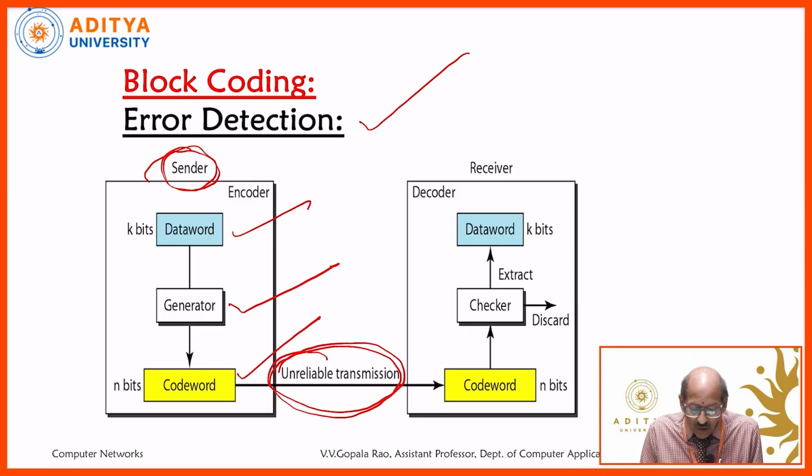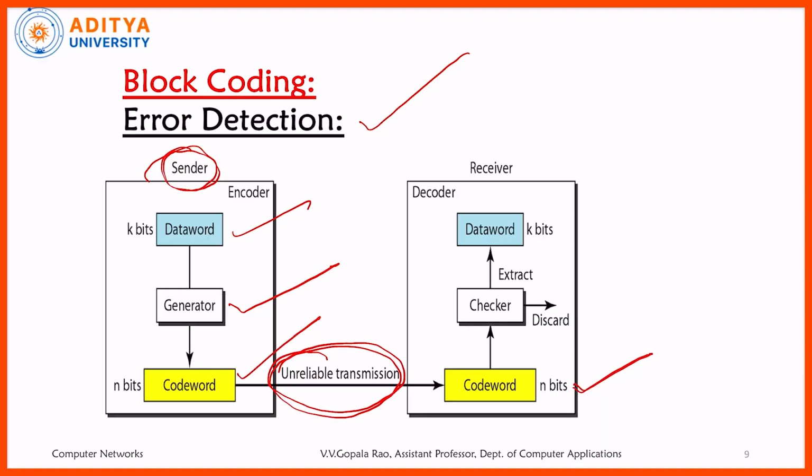The code word is received by the receiver with n number of bits. Why is it called n number of bits? This n is nothing but k plus r. What is k? K is the number of bits in the data word, and r is the number of bits generated by the generator that are added to the data bits. So that is the actual code word comprising n bits.